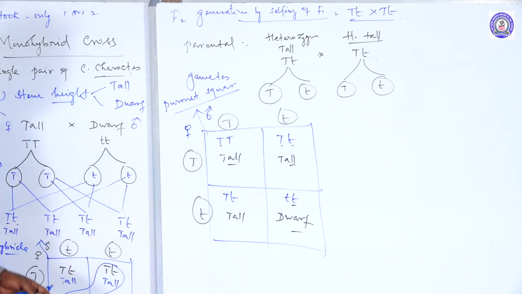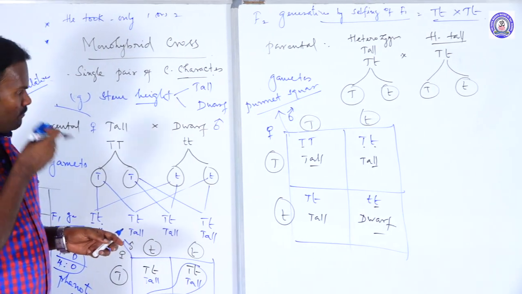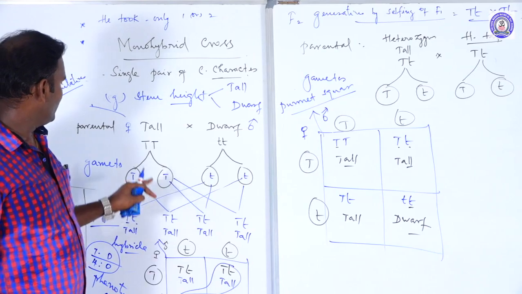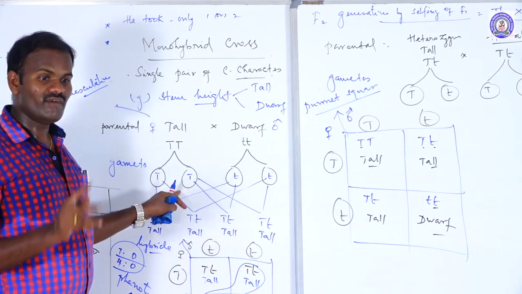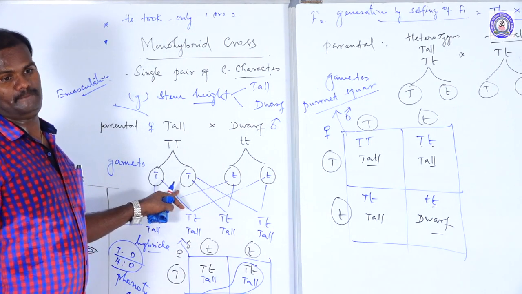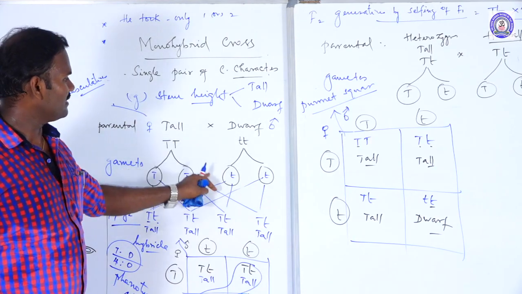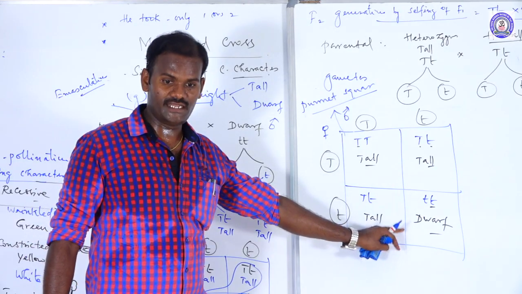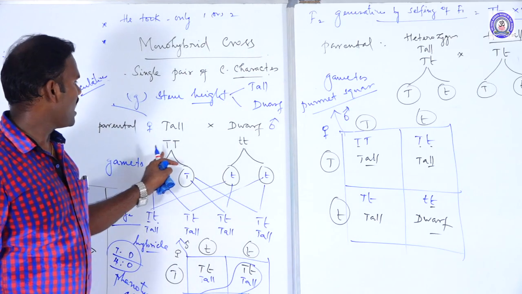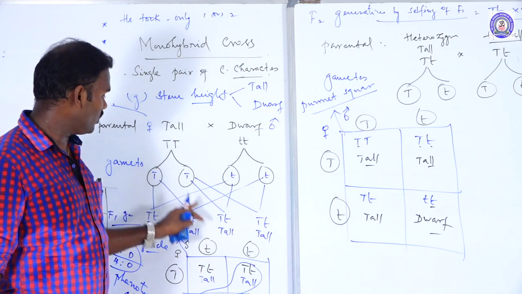So after the F2 generation, Mendel concluded that characters are never blending, never mixing, because both parental characters are expressed in the F2 generation. In the F1 generation, among the two parental characters, only one is expressed.